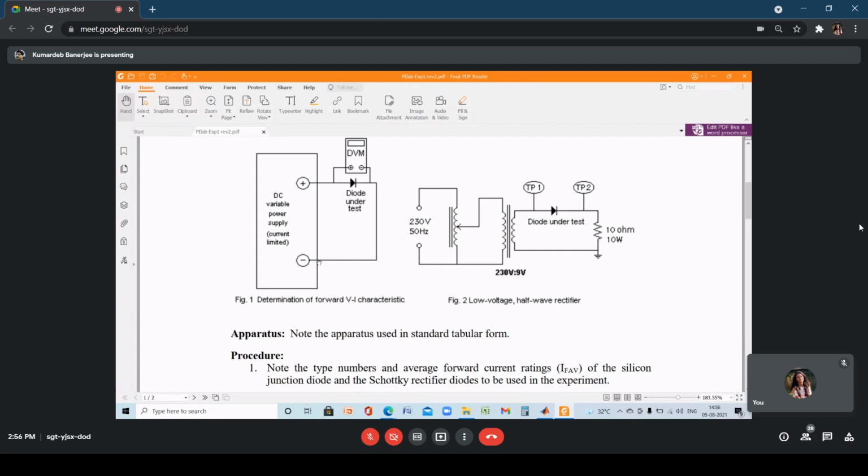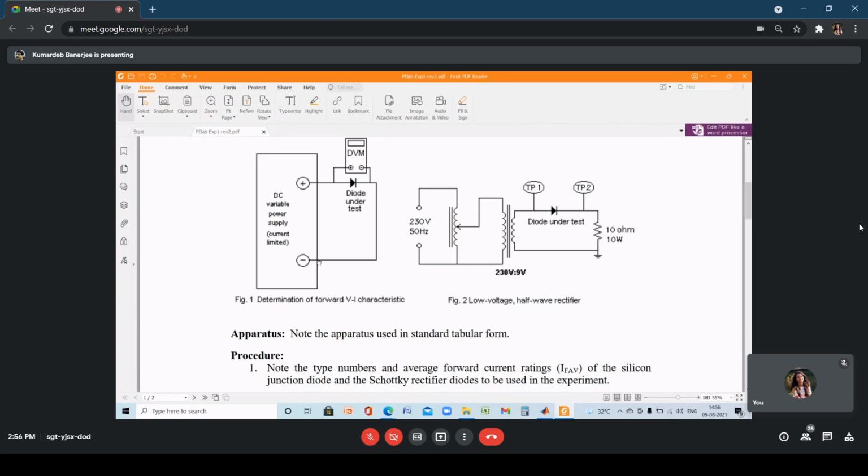Now, when you sink 1 ampere current through the diode, then however small the resistance of the wires, there will be some considerable voltage drop across the wires. Because a wire is a resistance, its value will be very small, but since you're pumping in 1 ampere of current, the drop across this resistance will be pretty high.